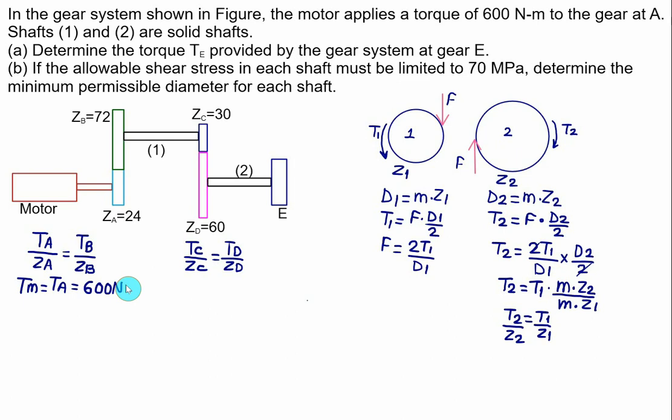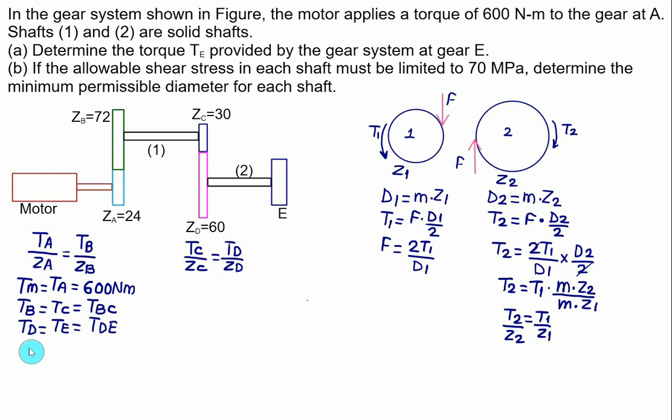Newton meter. Then the torque for gear B is same as torque for gear C and is same for the shafts BC. Here we have the torque for gear D is same as the torque for gear E, which is same for the shaft DE.